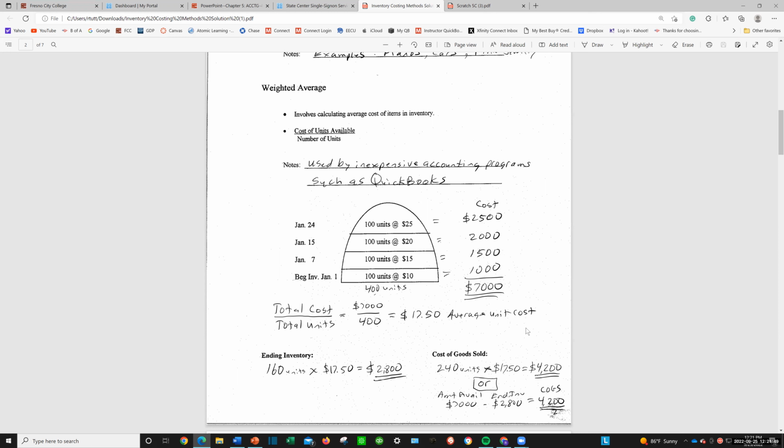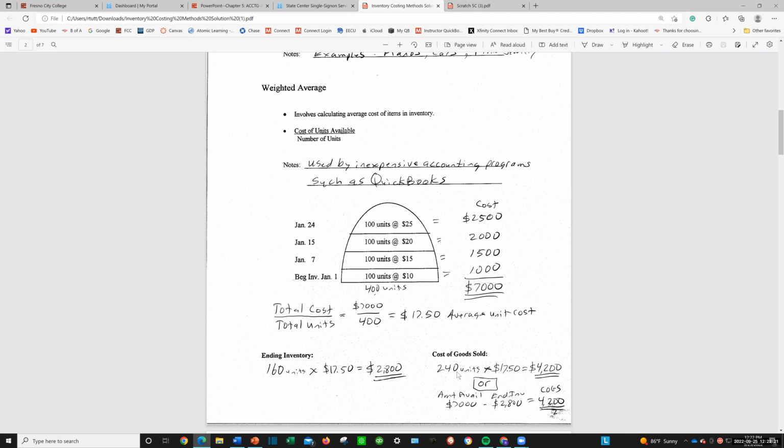Now, there's another way of doing it, and you need to write this down, because in your homework or in the chapter, they're going to have you work it this way. If you know that the total cost available is 7,000, but you only have 2,800 left in ending inventory, then your cost of goods sold would be the 7,000 available minus the ending inventory of 2,800, which gives us cost of goods sold of 4,200.